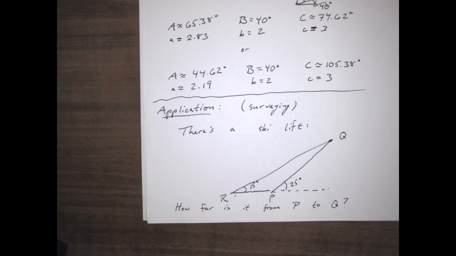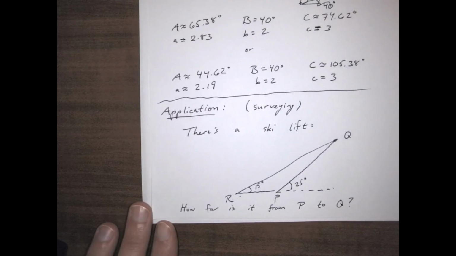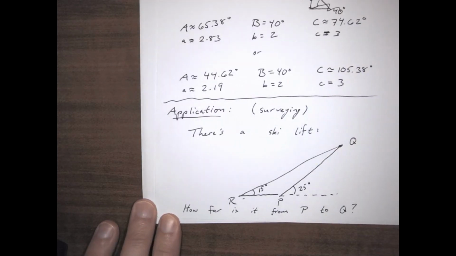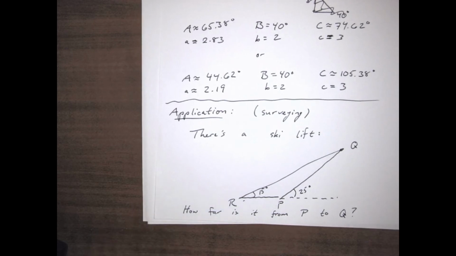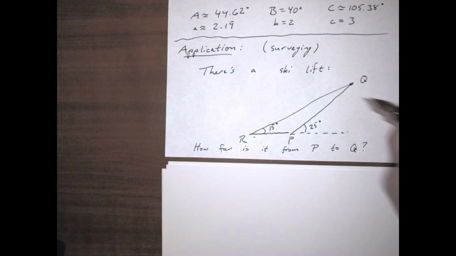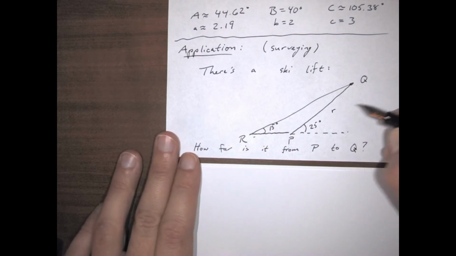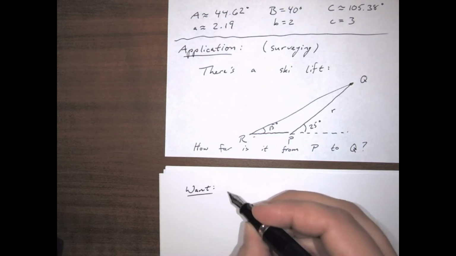Okay, so let's think about what we are really wanting here. So we want that side, and if we want to name these according to regular notation, the points, which will also be the angles, will be capital, and the lowercase ones will represent the sides. So really what we want is r.